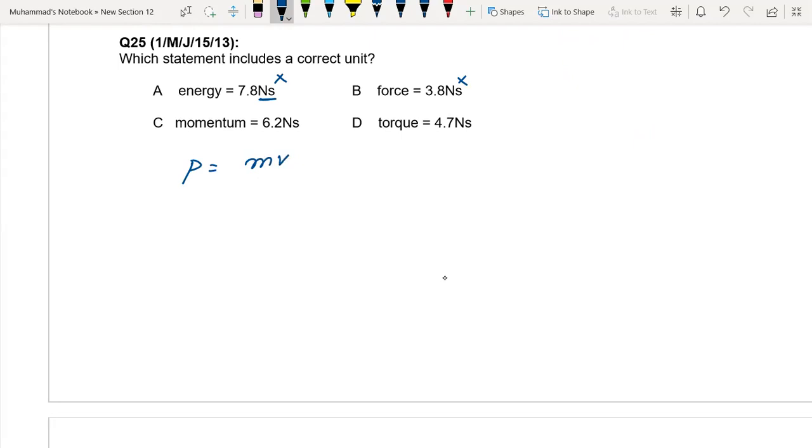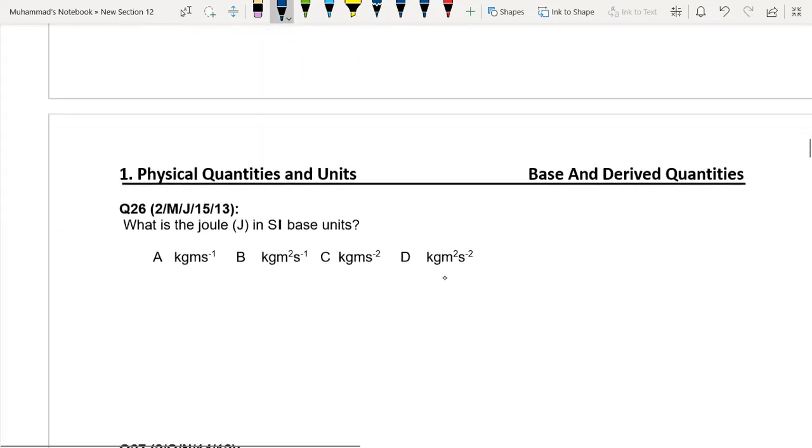If I simplify Newton, that is kg m s minus 2 times s, so that is kg m s minus 1, and you know that this is also kg m s minus 1. So C is the correct option.